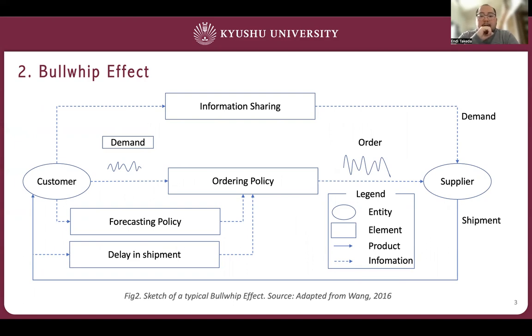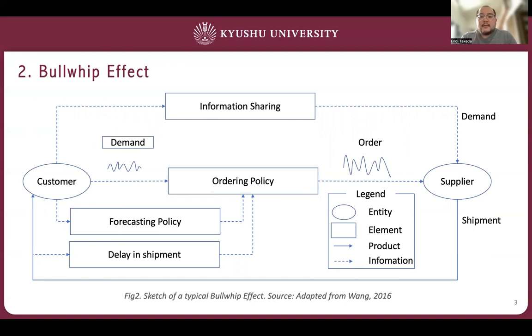What happens is that the order goes up in magnitude higher than the demand. So the order is actually higher than the demand. That happens because of how these policies work, or how the person in the next part of the supply chain interprets their relation or communication with the person before.